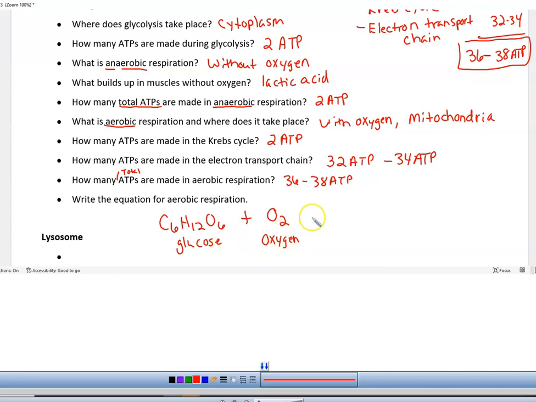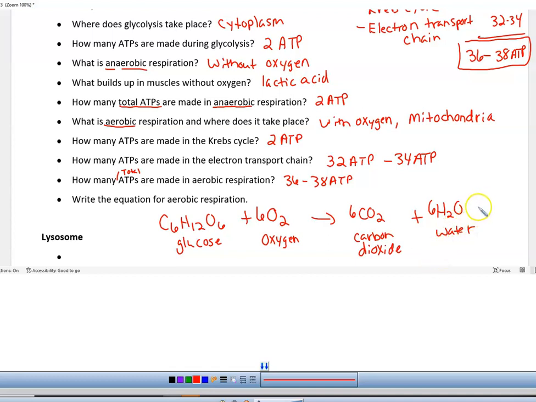So glucose plus oxygen is going to make carbon dioxide, CO2, and water. And to balance these, you've got a 6 in front of oxygen, 6 in front of carbon dioxide, 6 in front of water. This is cellular respiration. It's one of your essays from the Unit 1 test.